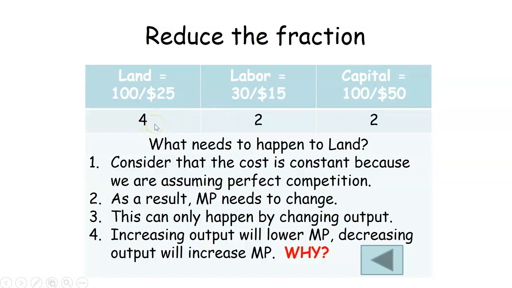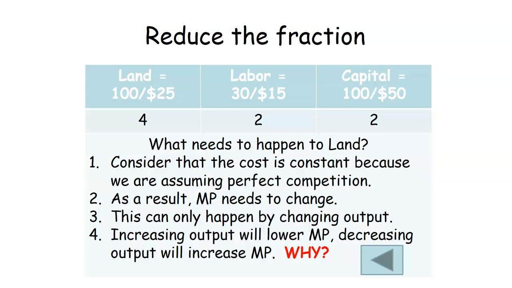How do we move the marginal product per dollar down? Well, we're going to have to change the marginal product. Now, how are we going to do that? Well, if we increase the amount of land, that will lower the marginal product. Decreasing will increase marginal product. So, in this case, we're going to need to use more land.